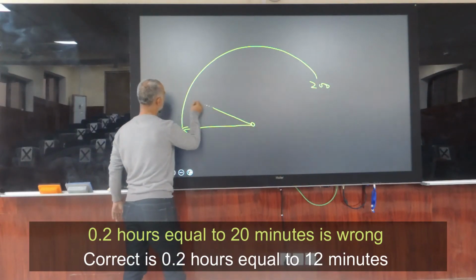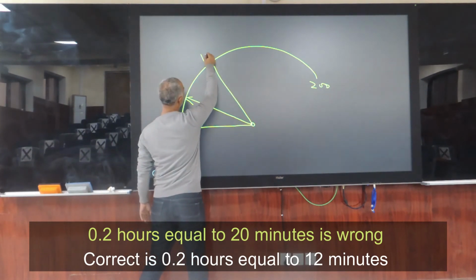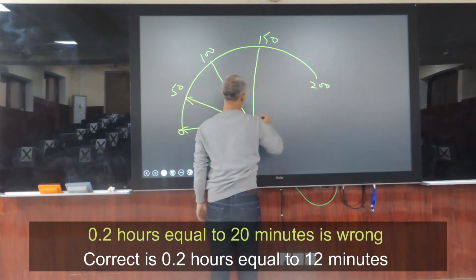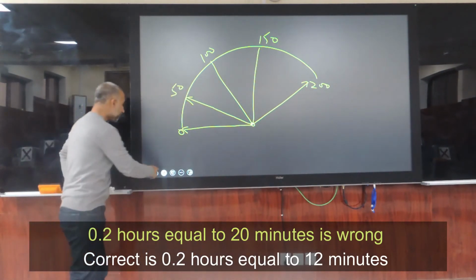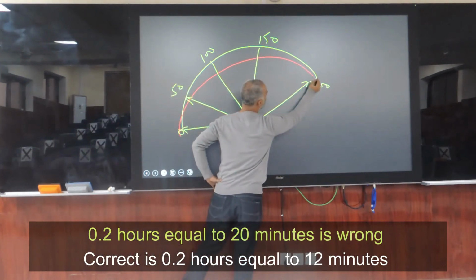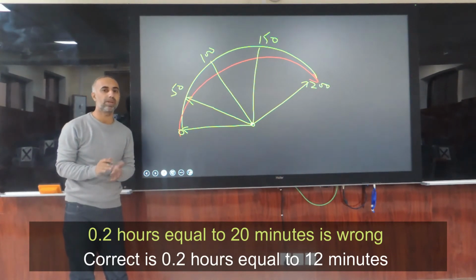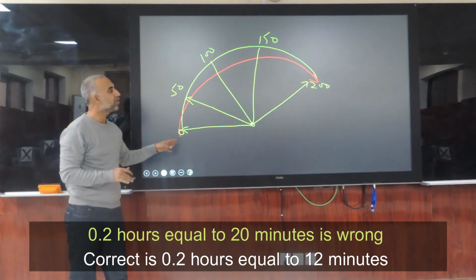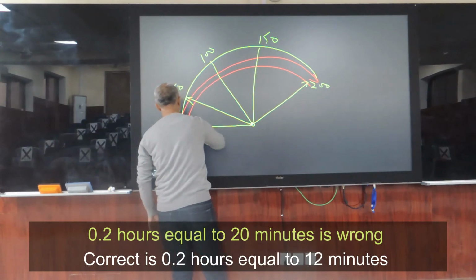Suppose the speed goes from 50 to 100 to 150, touching 200. If it reaches 200 and again the car is stopping, on your journey on a motorway, the car reaches a speed of 200 and again comes back to zero.